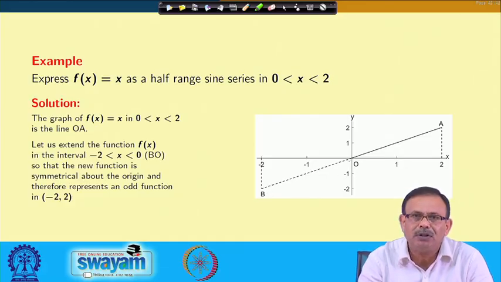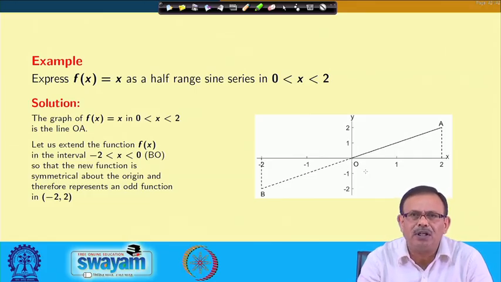Please note this one. We are making it this way since we are finding the half range sine series. So, we will make it symmetric with respect to the origin, and therefore, this function will represent an odd function in minus 2 to 2. So, please note this one.